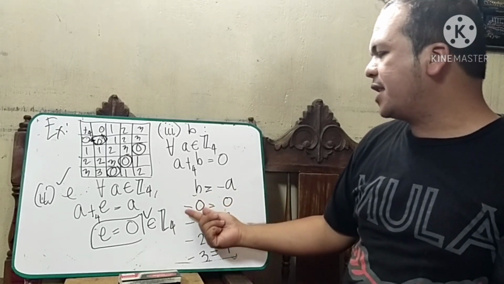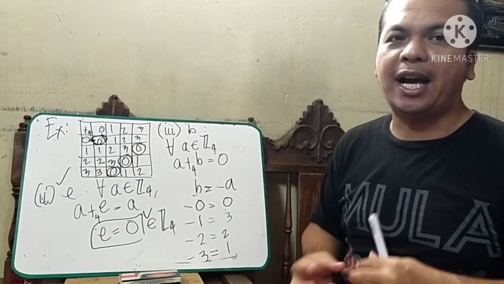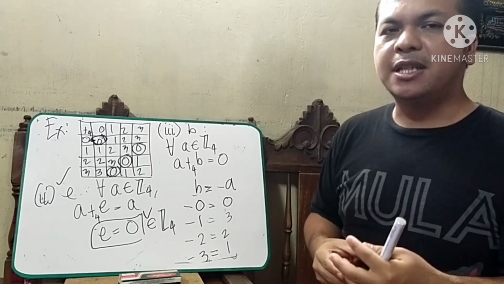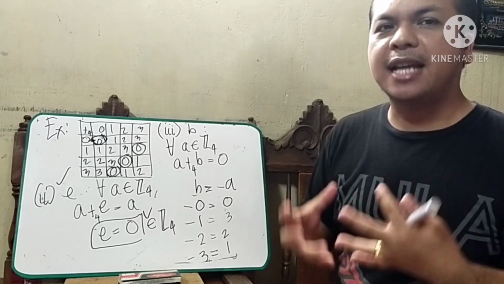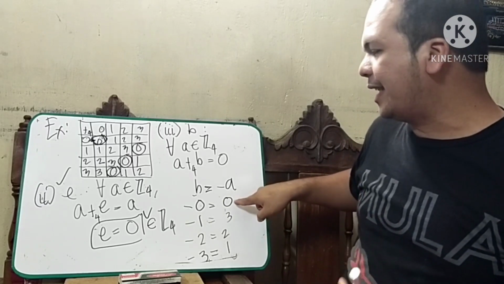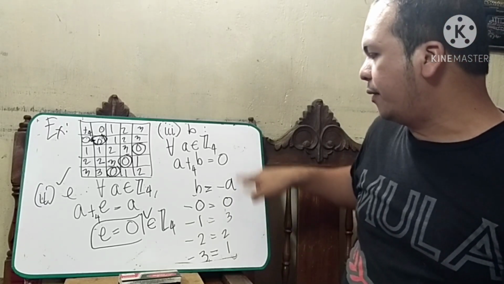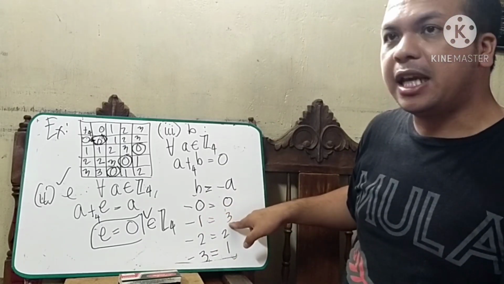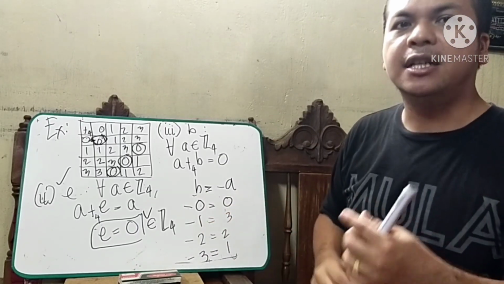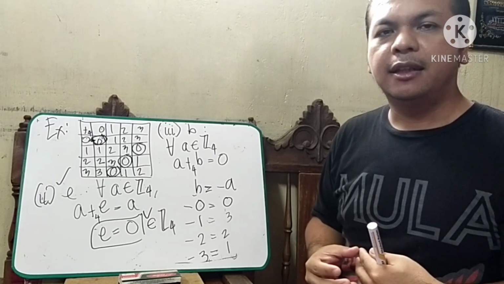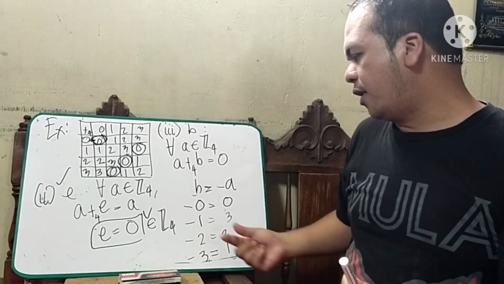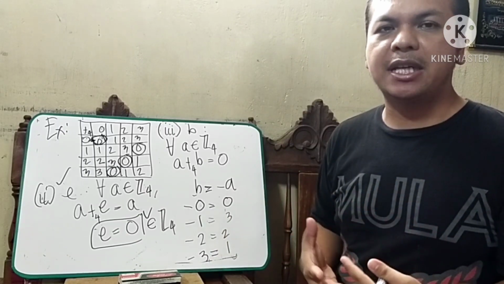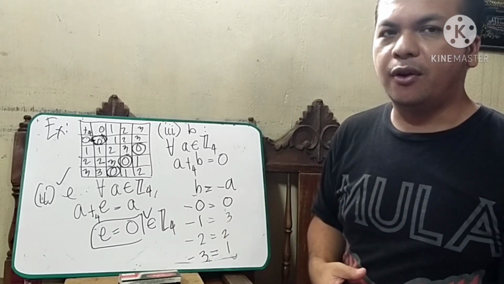Okay, the inverse of 0 is 0. Why? Because when you add the two elements of Z4, the sum modulo 4 is the identity element 0. Now, when you take the sum of 1 and 3, their sum is 0 modulo 4. When you take the sum of 2 and 2, of course, the sum is 0 modulo 4.